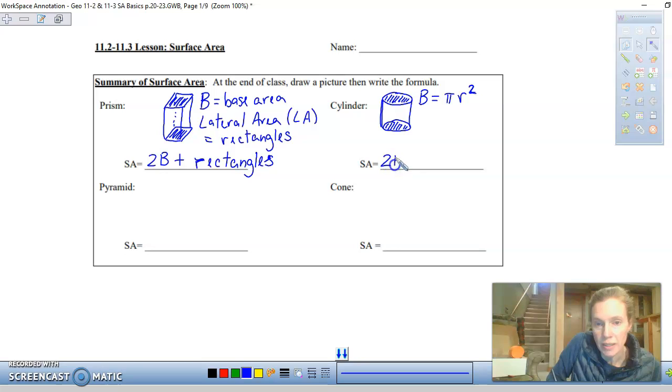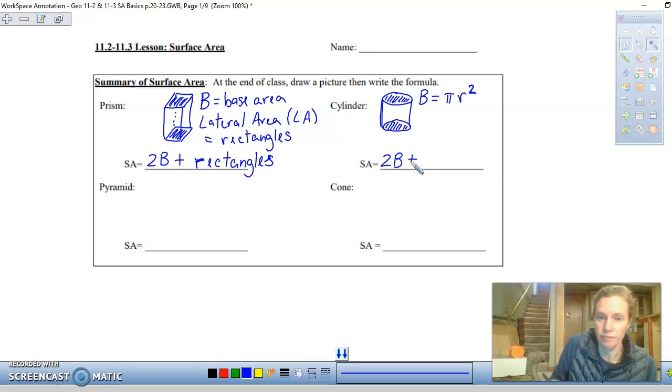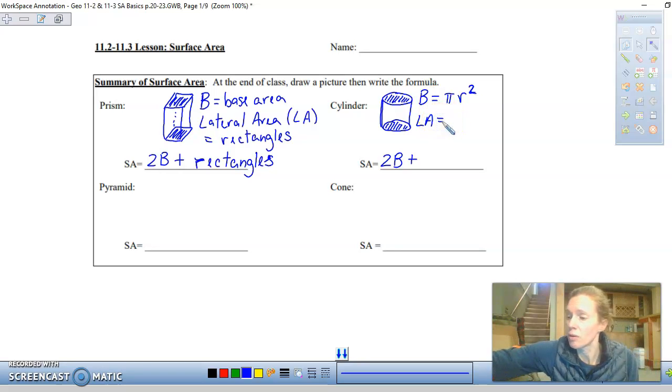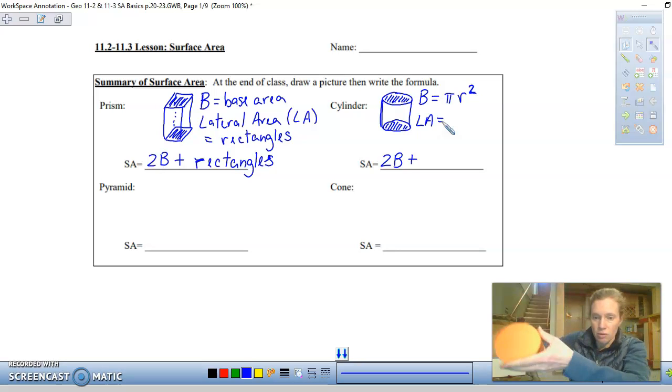So I'm going to have 2 bases, and then plus, the lateral area of a cylinder is actually pretty interesting. I will grab my cylinder. So here's a cylinder, right? It has that circle as the base.